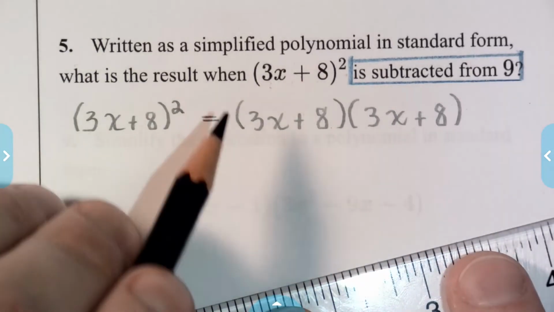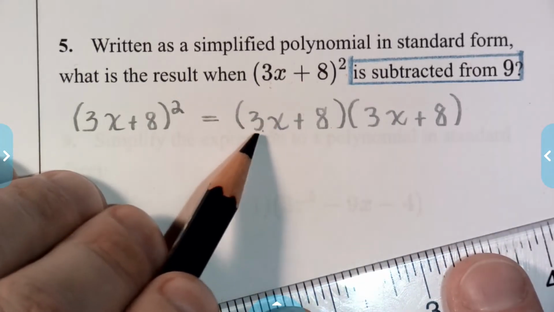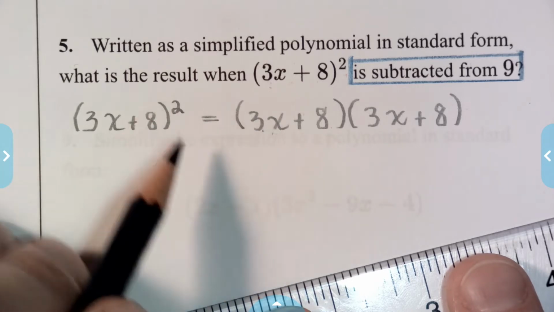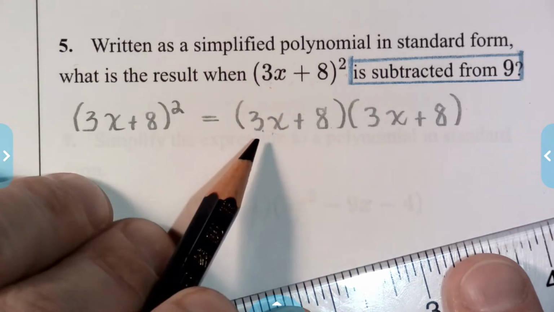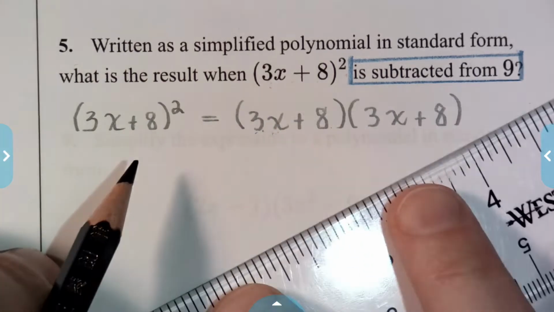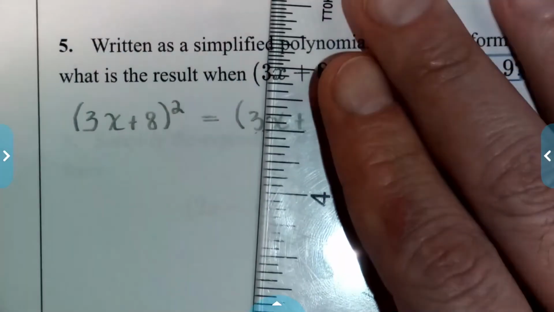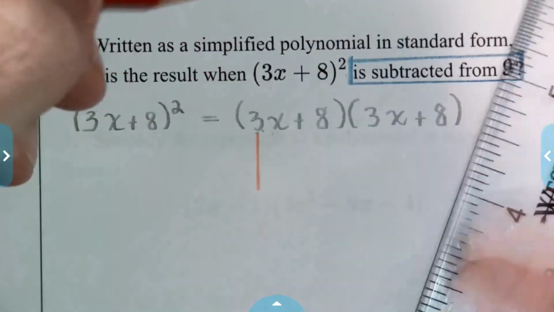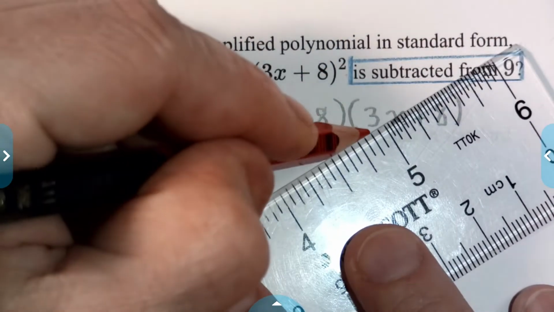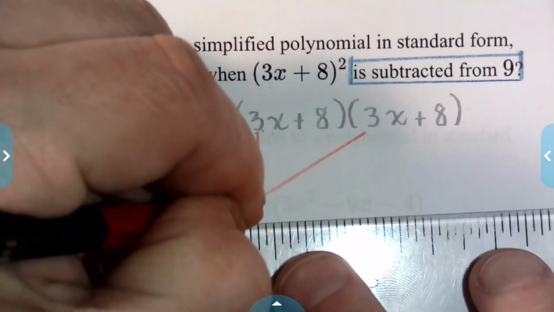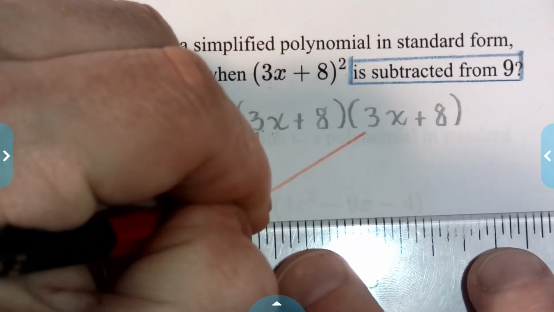And here's how I'm going to teach this. So this is the first term, 3x. When we say first times first, that's going to be 3x times 3x. I'm going to use these colors and arrows to make this super clear. So 3x times 3x, that's my F in FOIL.